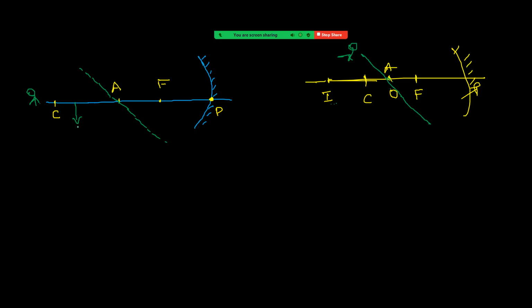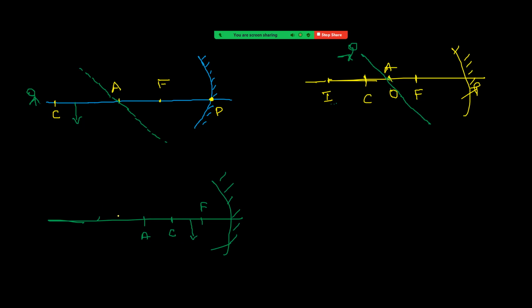Is the point clear? And I will take the next example. If the object is beyond center of curvature, then the image will be between F and center of curvature. Means somewhere here is the image. Now see what happens.